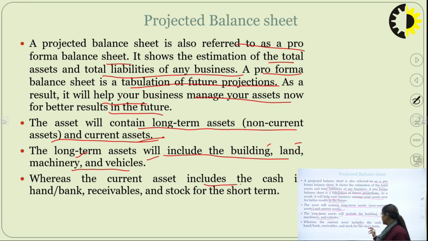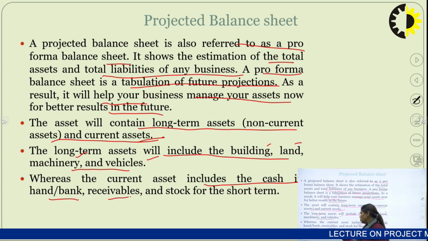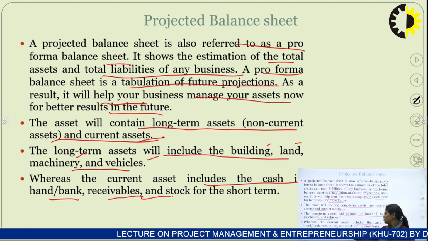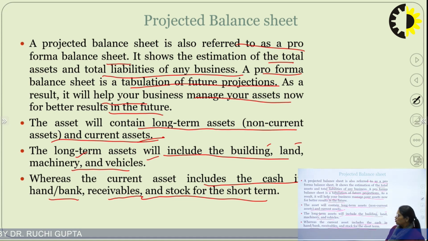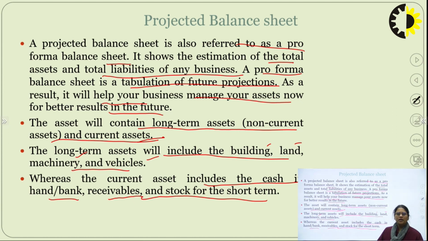Whereas the current asset includes the cash in hand or in the bank. If we have some cash in our account or in hand, this is our current asset, because we can use this cash immediately as per requirement. Cash and stock received for the short term are also current assets.